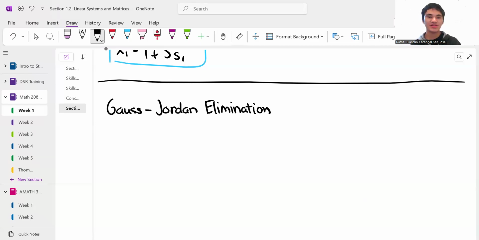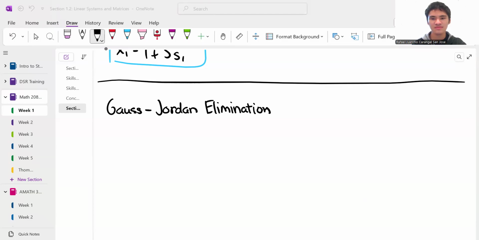Okay, well, for starters, what in the world is this? So Gauss, okay, there's a German engineer who did this thing. What is this?